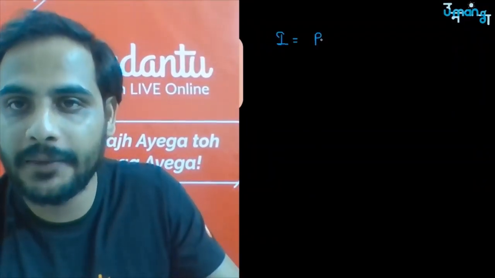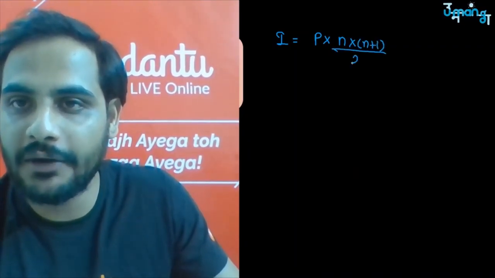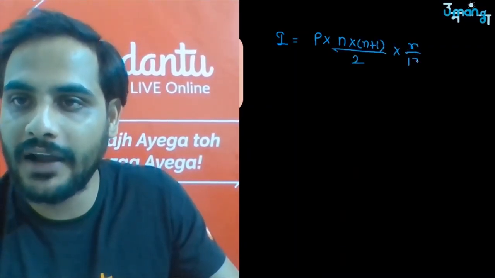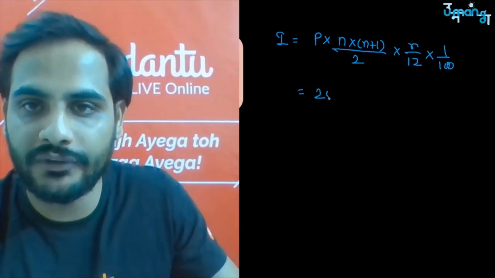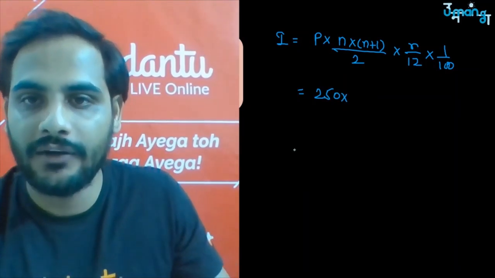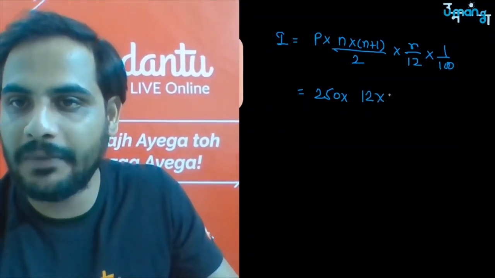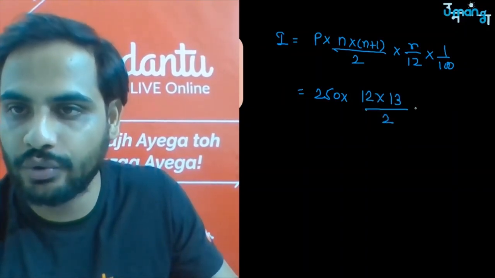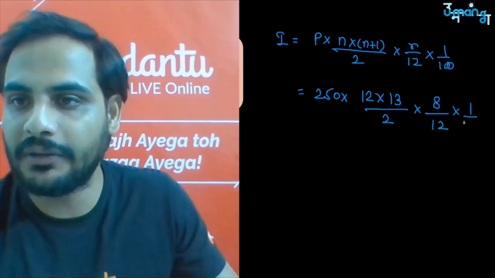So we know the interest is equal to P into n plus 1 divided by 2 into R by 12 into 1 by 100. So it will be equal to 250 into, what is your number of months? 12. So 12 into 12 plus 1 is 13, divided by 2. R is your 8, divided by 12, into 1 by 100.